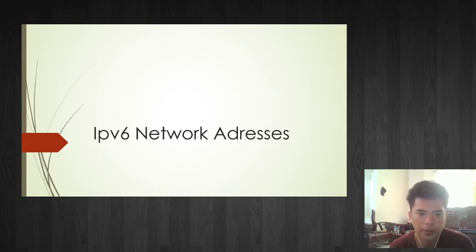IPv6 is designed to be the successor to IPv4. IPv6 has a larger 128-bit address, providing 340 undecillion addresses, that is the number 340 followed by 36 zeros. However, IPv6 is more than just a larger number.